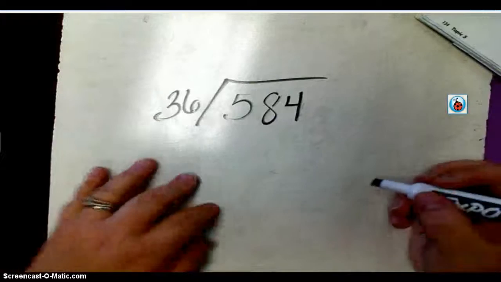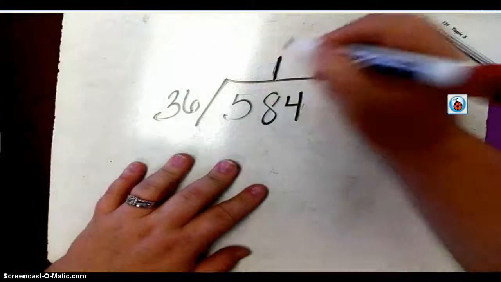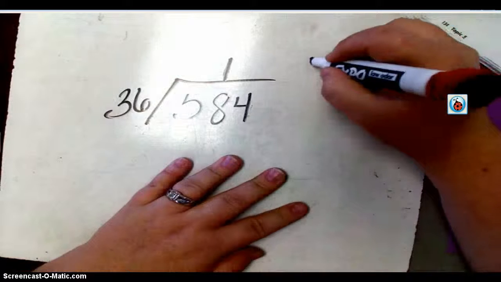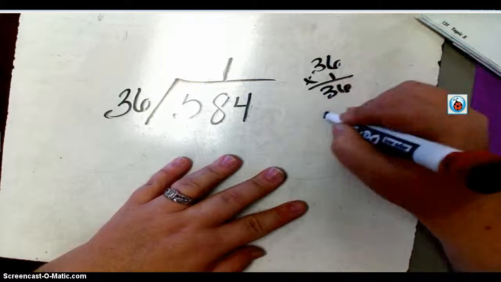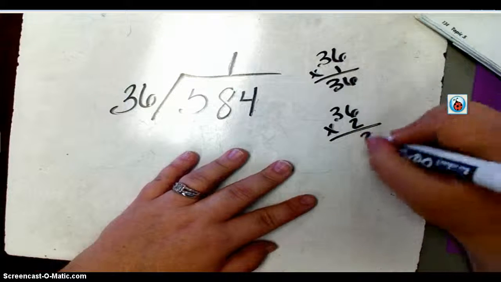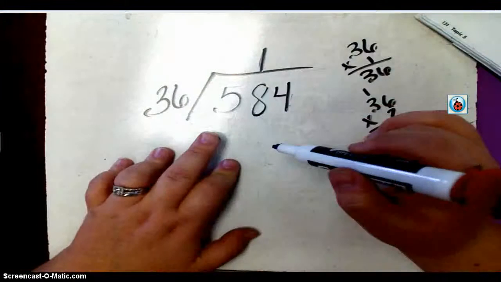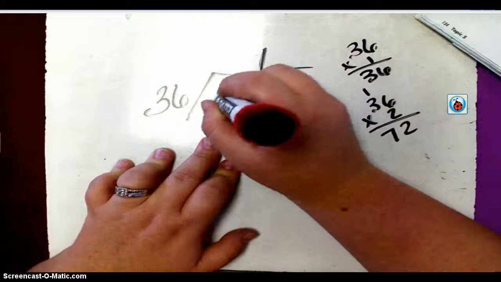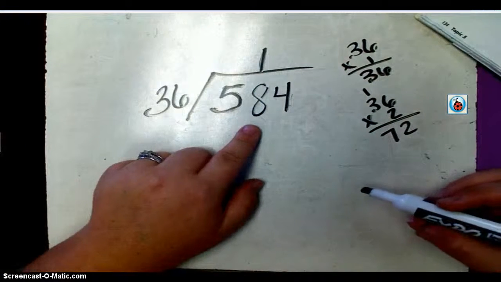Alright, so when we work this problem, 36 is going to go into 58 one time. If I'm not certain of that, I could have been checking my answer over here. 36 times 1 obviously gives me 36. I may still want to check to see what 36 times 2 gives me. But if I check for reasonableness and a logical answer here, I know that 36 is only going to go into 58 one time.